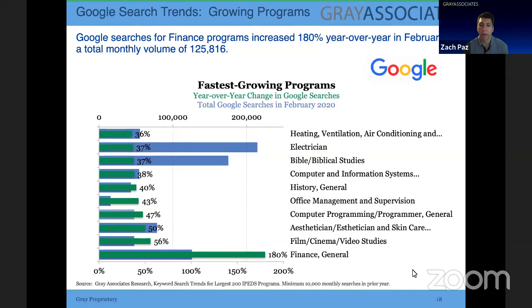The fastest growing is finance. It also has a large number of searches if we look at the blue bar, and then the green bar is that year-over-year trend. So something's going on in finance where the interest is being driven up. It'll be interesting to see how that changes, especially with everything that's going on with the stock market.